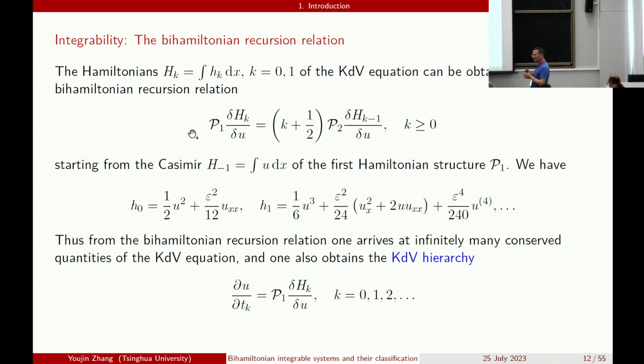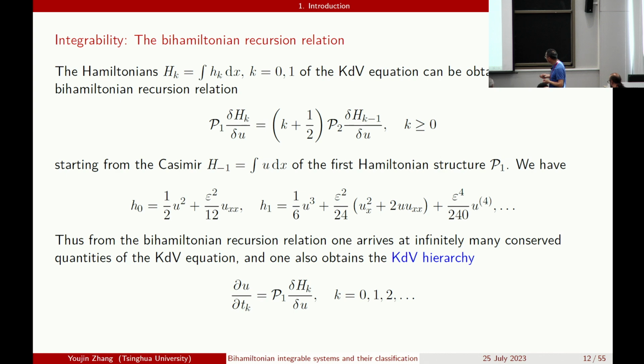This procedure can go through because we have this bi-Hamiltonian structure, meaning that P1 and P2 are compatible. If these two operators are not compatible, you cannot obtain H_k from H_{k-1}. Only when we have the compatibility of these two Hamiltonian structures.